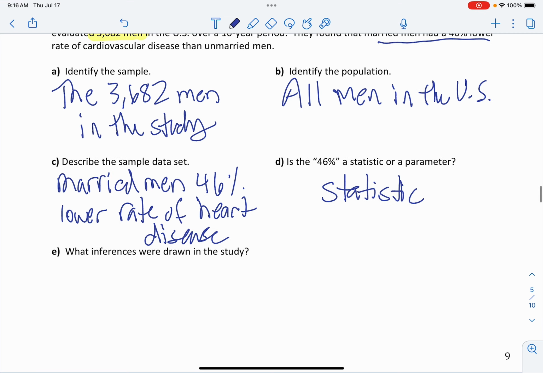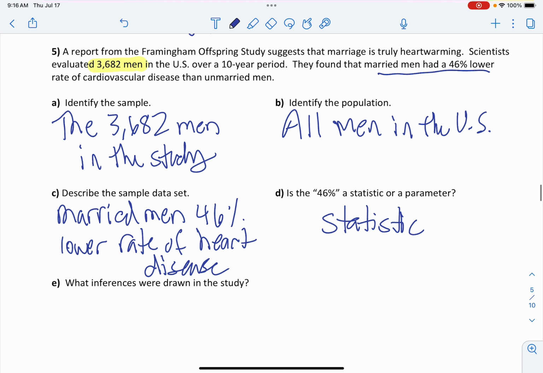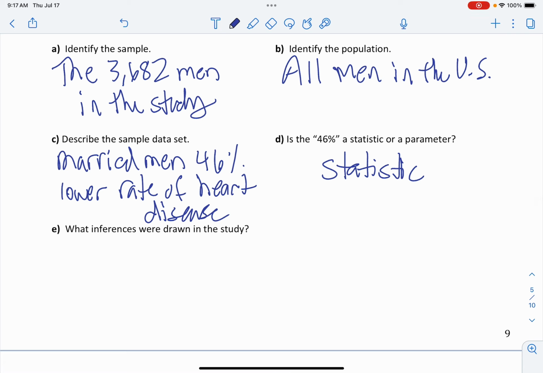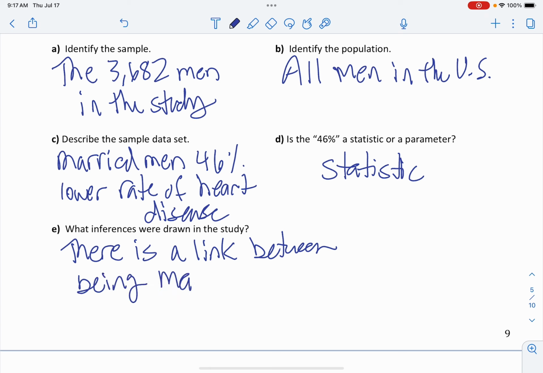Right. And what inferences were drawn in the study? Right. Well, pretty much same as the sample data set, right? There's a correlation between being married and having a lower rate of heart disease, right? So there is a link between being married and rate of heart disease, or something like that.